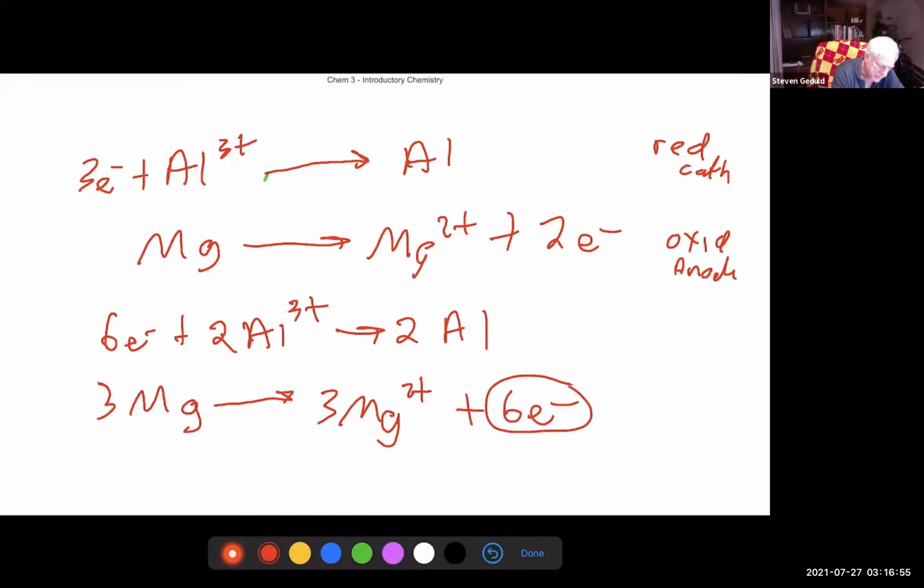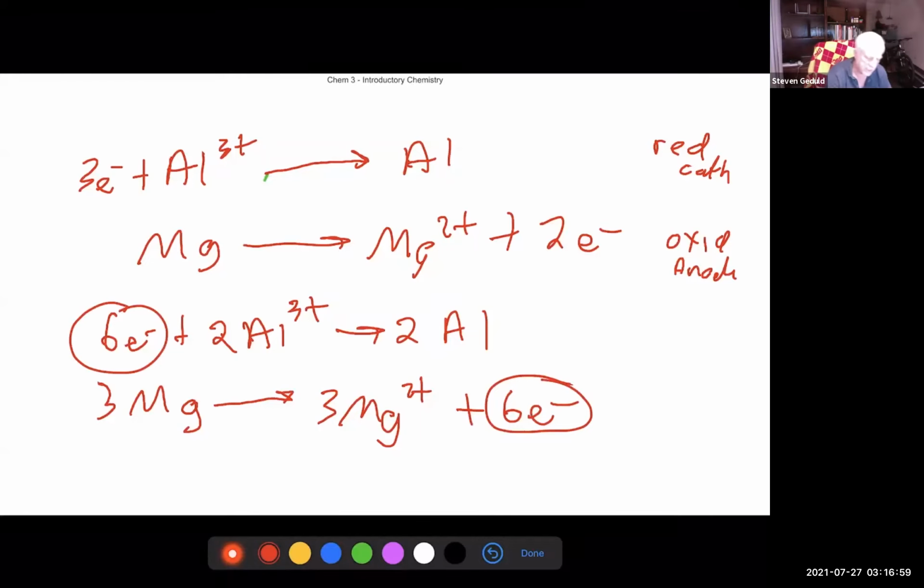That way these are the same, and those are the two reactions. This is your reduction reaction here, and this is your oxidation reaction there. So you've got to have the same number of electrons, because it has to balance by charge also. Okay, that would be that one question.